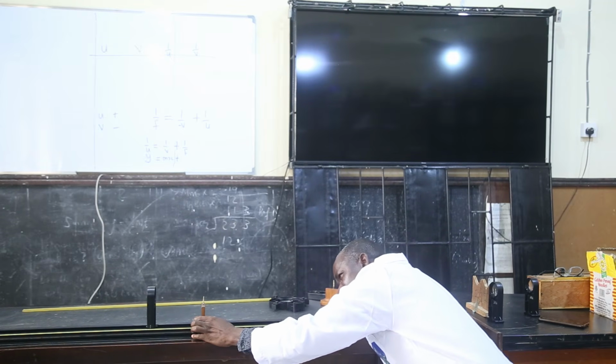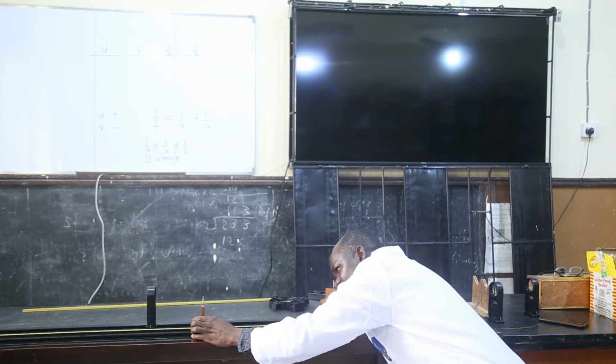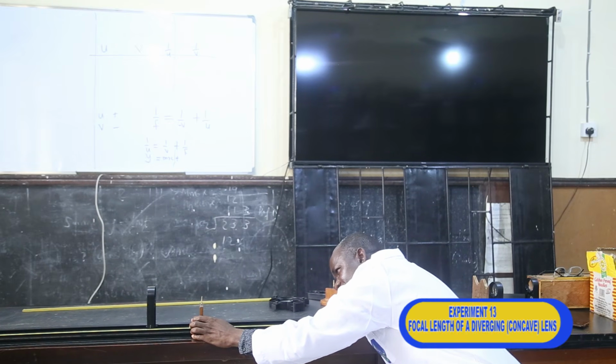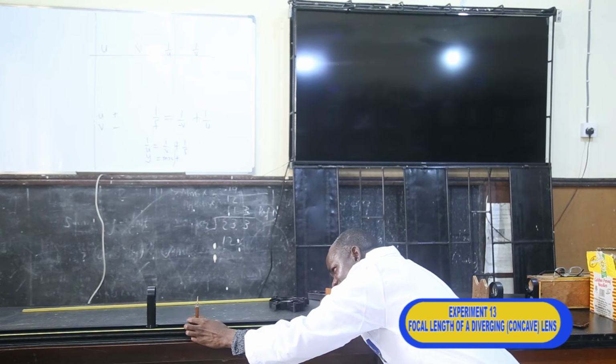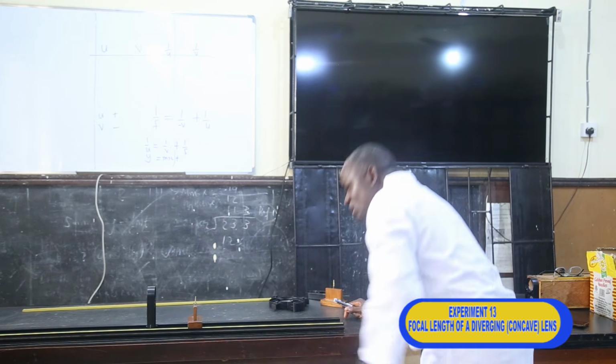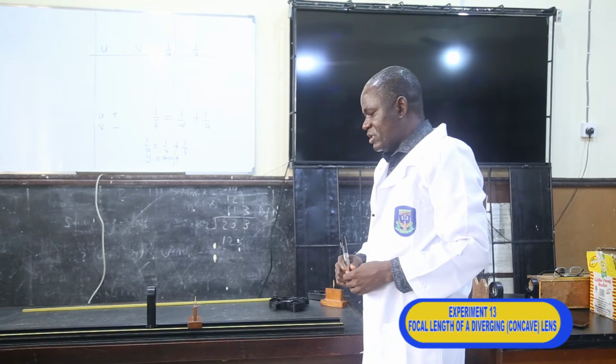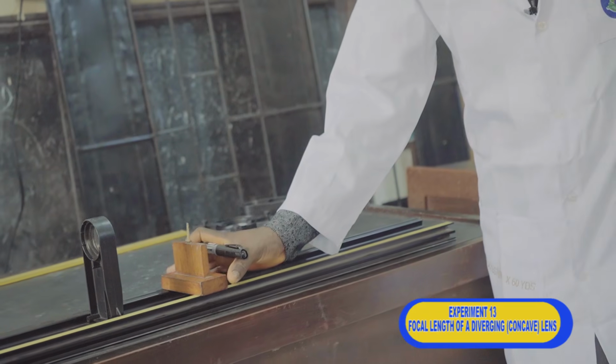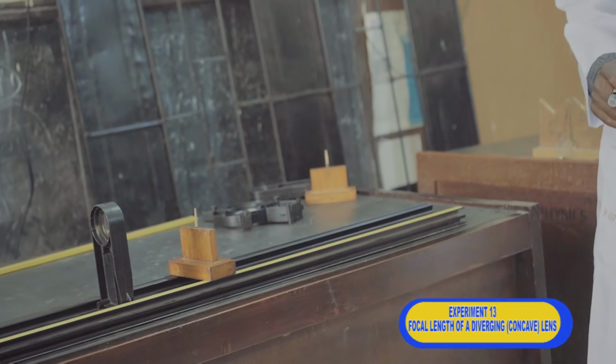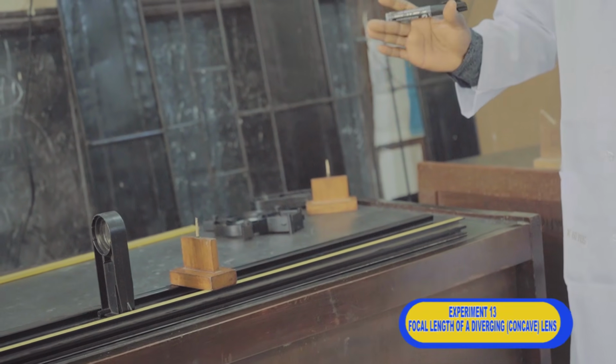So I keep adjusting, by the method of no parallax between the image and the object, and I have this position at which there is no parallax between the image and the object. So I mark this point as point C, and that C throughout the experiment is fixed.